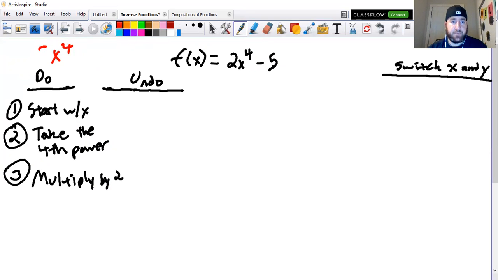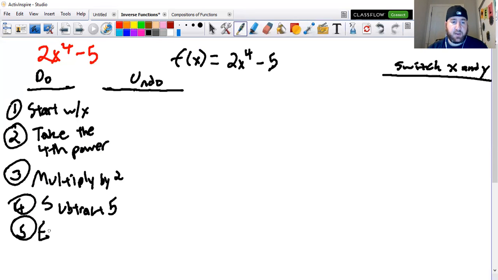And then I'm going to subtract 5. So got my minus 5. And then I'm going to end with f of x. All right, f of x equals 2x to the 4th minus 5, just like I have over here.